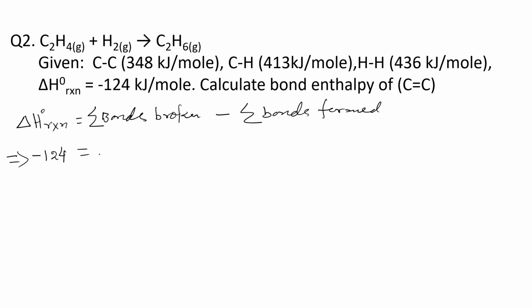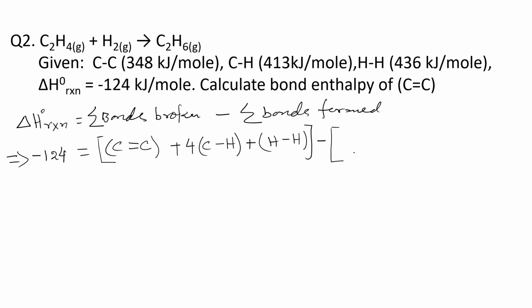Now here we will put the values. What are the bonds broken? One carbon-carbon double bond is broken, and you have to calculate that bond enthalpy. So carbon-carbon double bond 1 plus 4 carbon-hydrogen bonds are broken, right? Plus one hydrogen bond has been broken, minus the bonds formed.